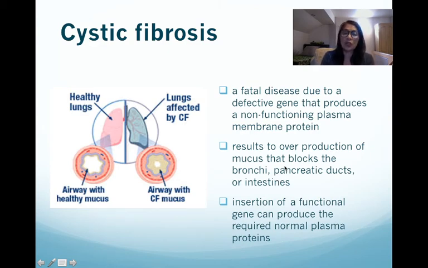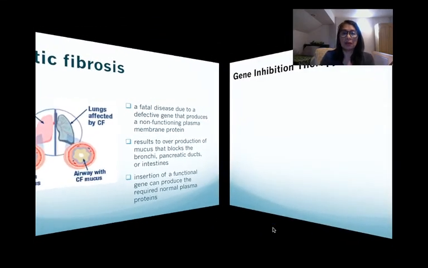So in gene therapy, there is now the gene that is inserted into these cells in order that this will result in a functioning plasma protein. So that is one application of gene therapy in cystic fibrosis.